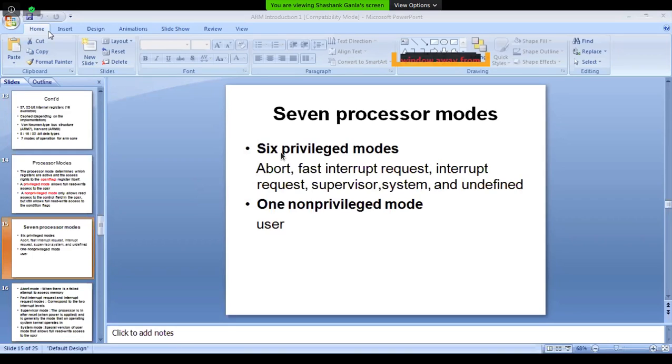If a CPU wants to access a region of memory, but that memory region is not physically available, or it is not allowed to be accessed, then that gives rise to what we call a segmentation fault in a desktop computer running a Linux operating system. But here I'm talking in terms of the core: a CPU wants to access a region of memory which is physically not present. That memory address is there in the instruction, but the memory location is physically not present. So it gives rise to what we call an abort interrupt.